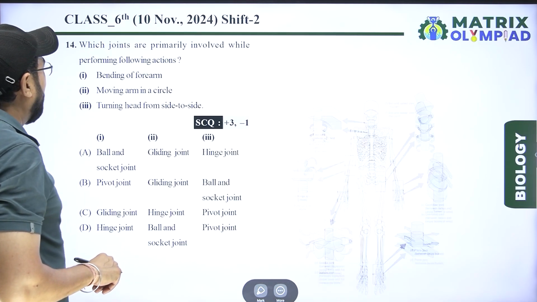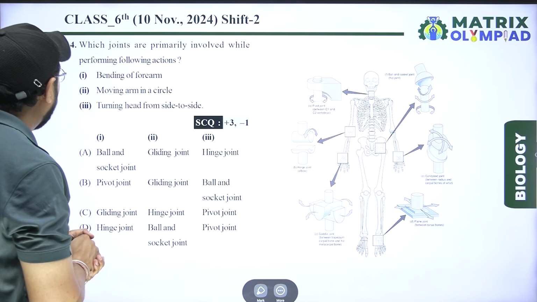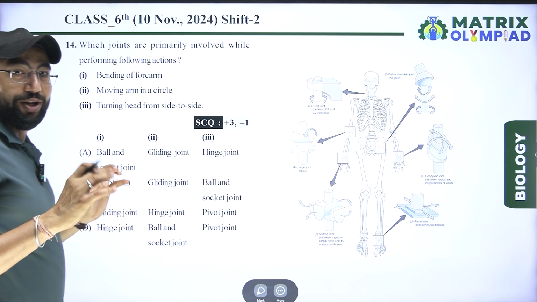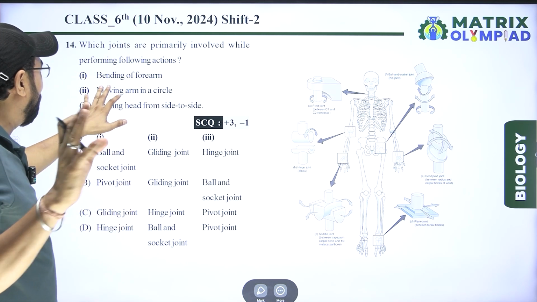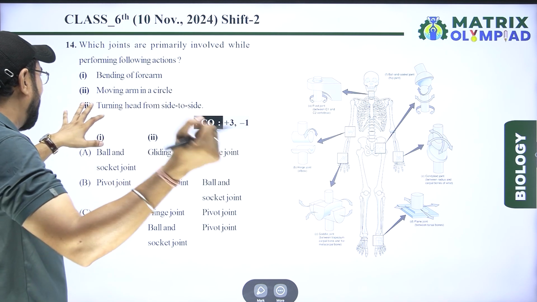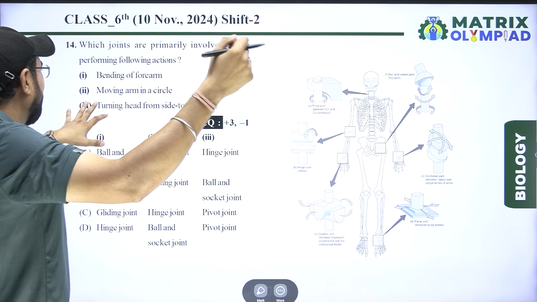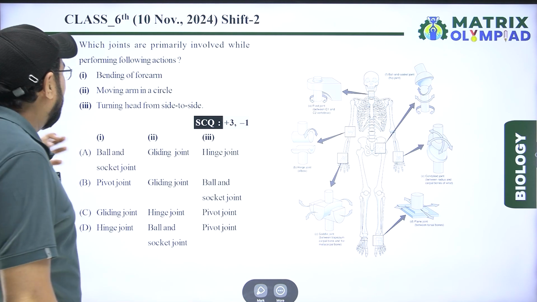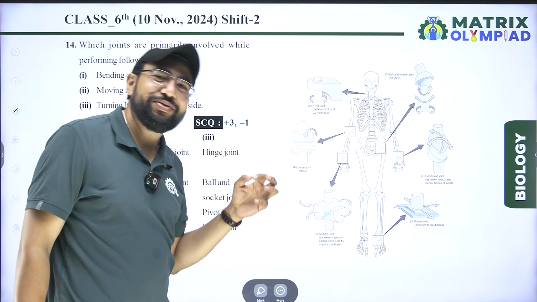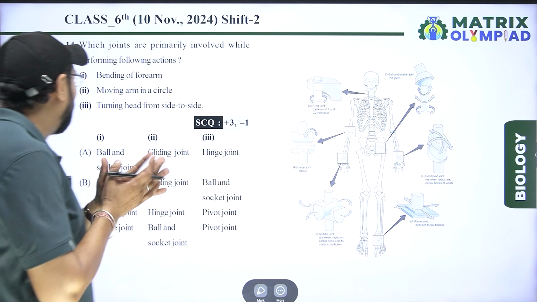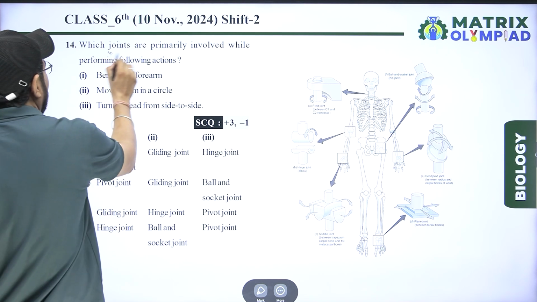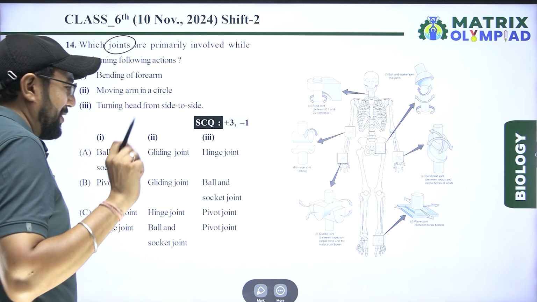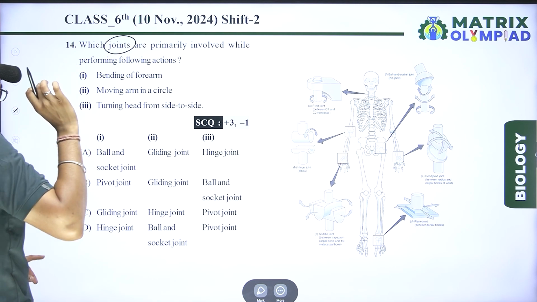Which joints are primarily involved while performing the following actions? Bending of forearm, moving arm in circle and turning head from side to side. Which joint is involved in these three movements? Let's observe.